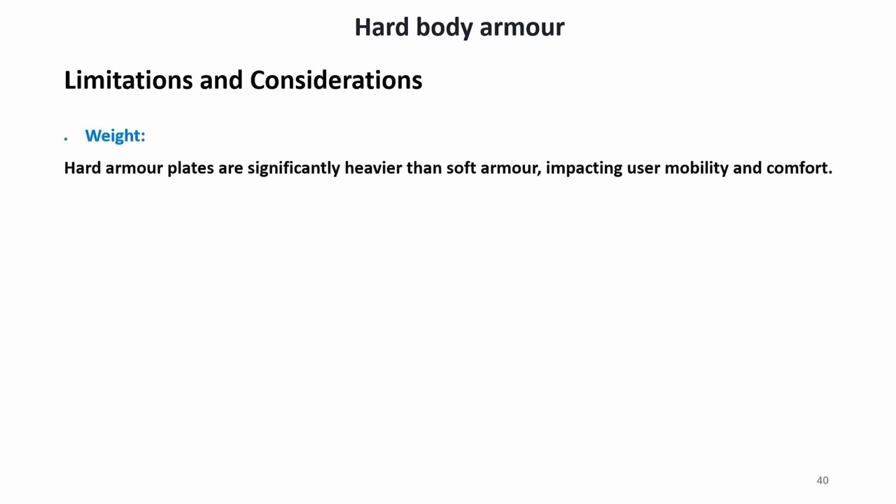Basically, there are limitations. The main limitation is that it is heavy, with higher mass, and it is not flexible. Weight is the first limitation. Hard body armors are typically made of metal and ceramic, so they are heavier than soft body armor, which impacts the mobility of the wearer, and comfort and ergonomics are affected.